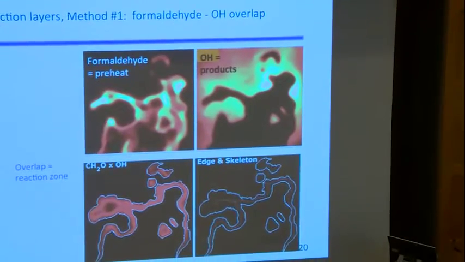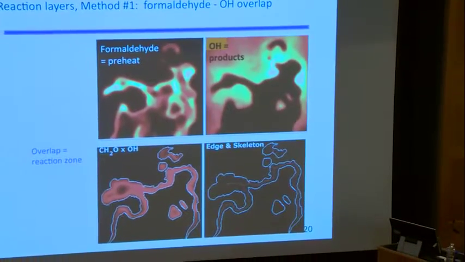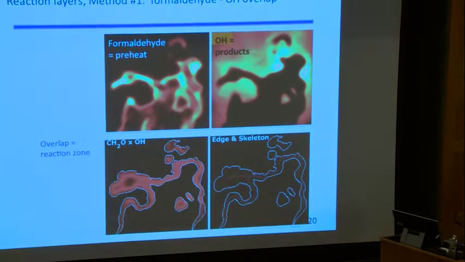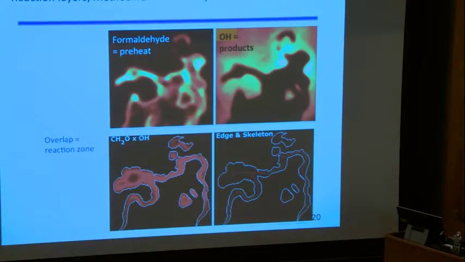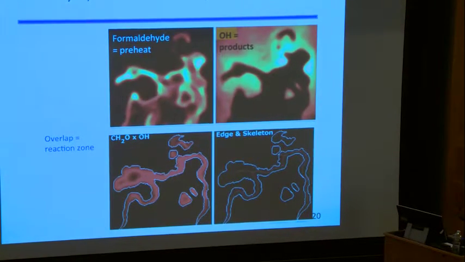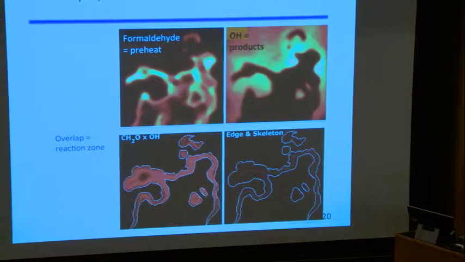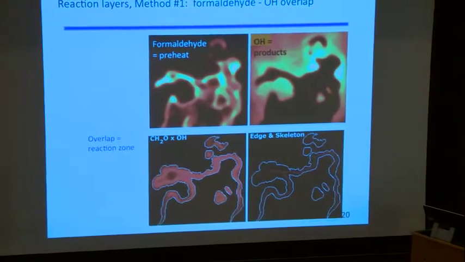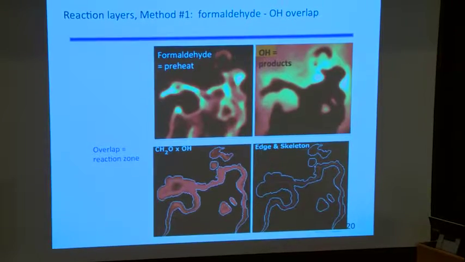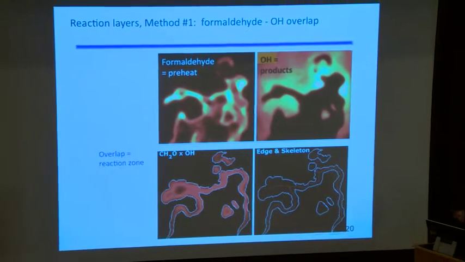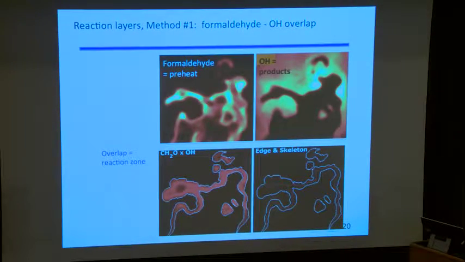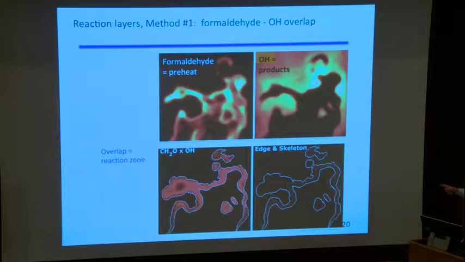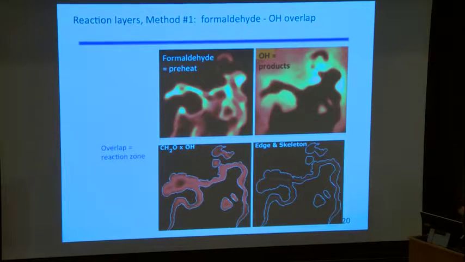And so if you're very careful and you align everything up just right, and you calibrate in the laminar flame, you get these images on the bottom, which would be the overlap. Again, it was developed at Sandia and at Cambridge. And then the students use MATLAB to define a skeleton, which means a red line that goes sort of in between the layers and properly goes into broadened zones as well.